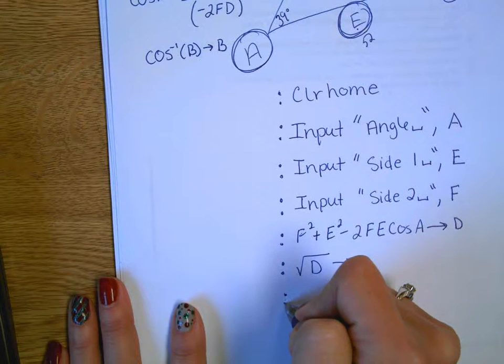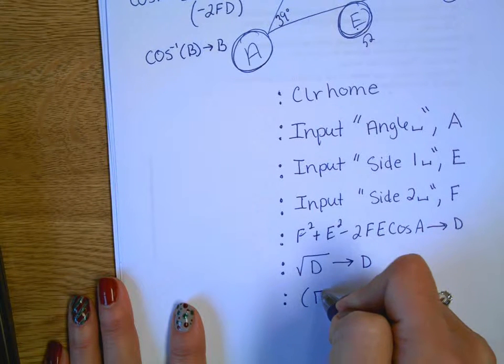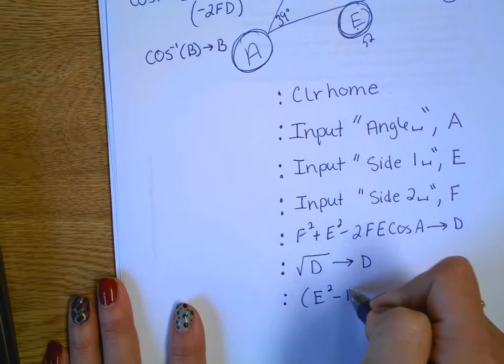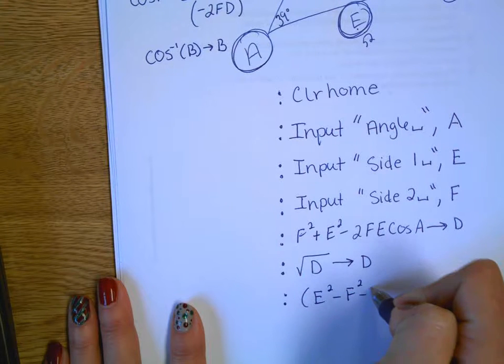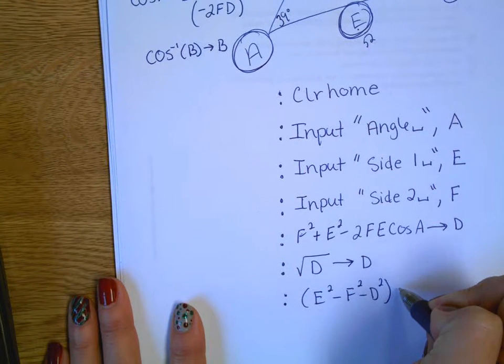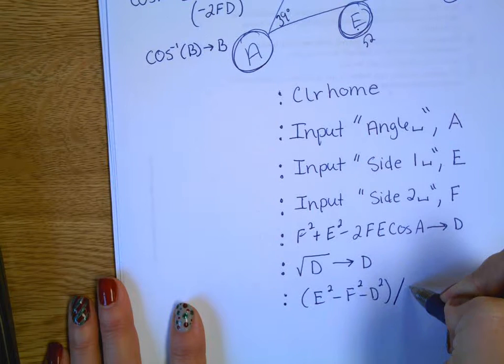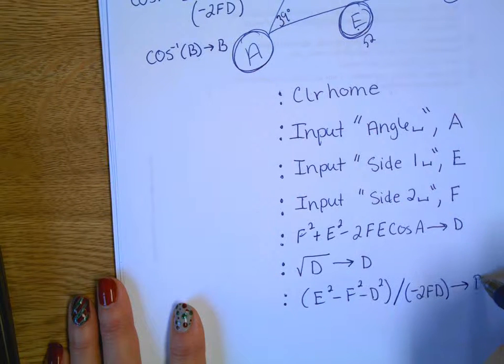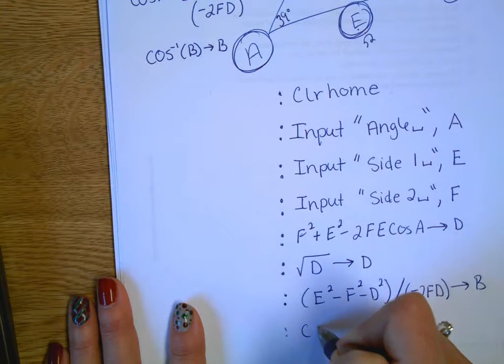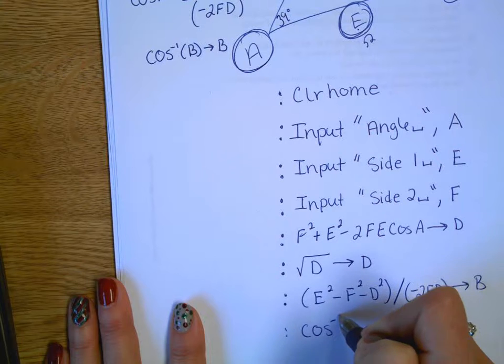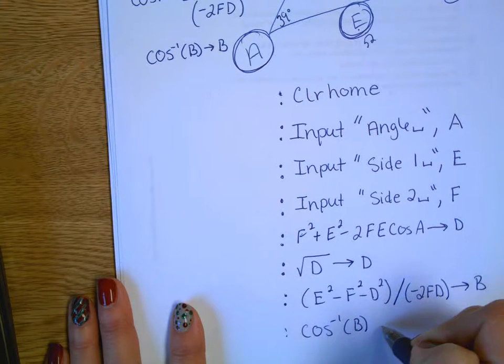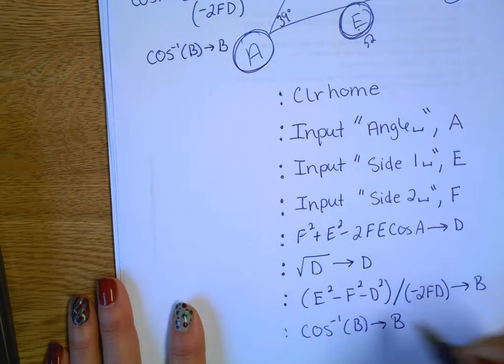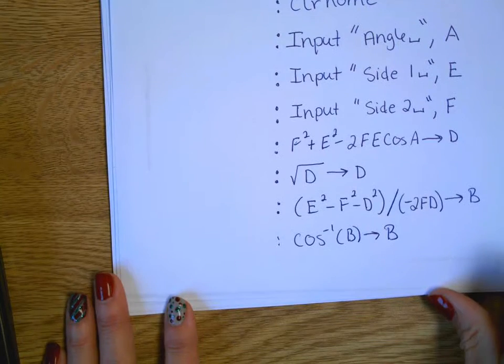The first line, E squared minus F squared minus D squared, divided by negative 2FD. Store that in B. And then inverse cosine of B stored back in B. So 2 lines.